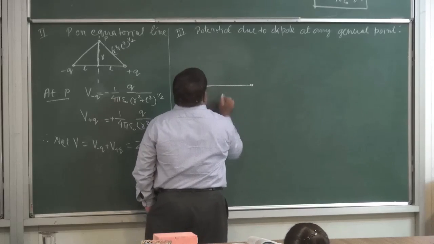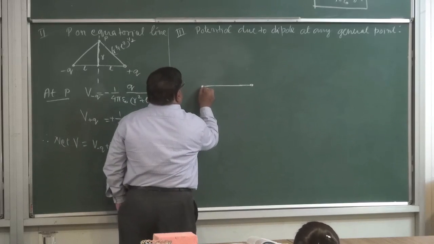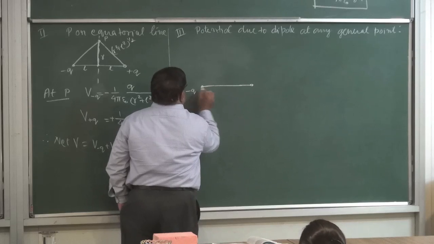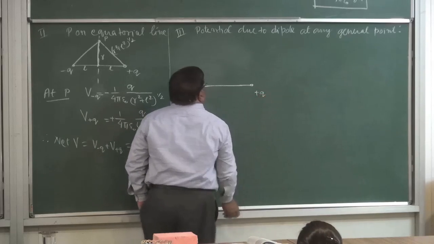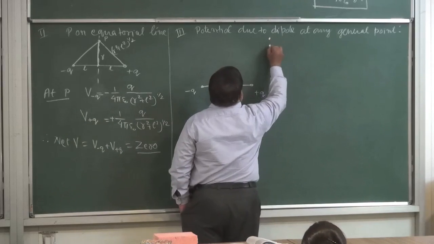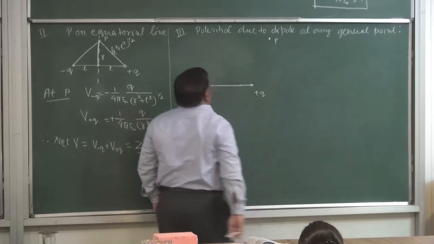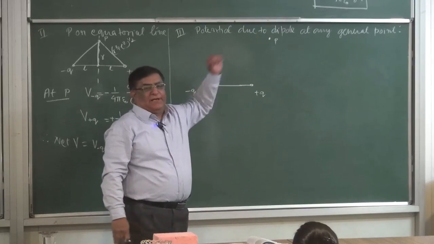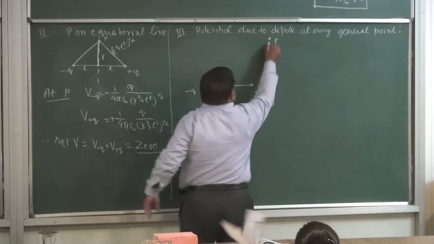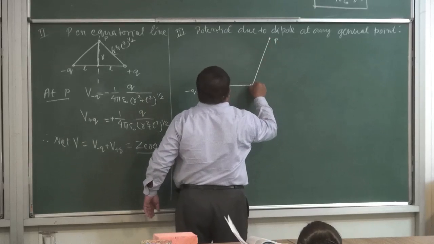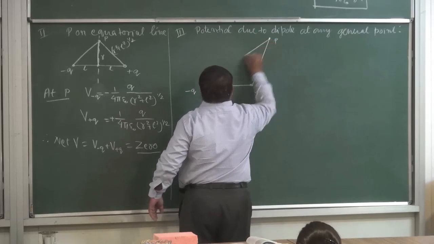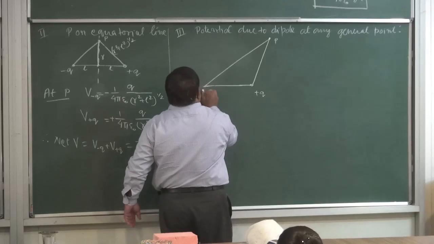Okay, we will make it a bit larger for the sake of calculation. Here is any general point P. We have to find out potential there. So we join it with plus Q and we join it with minus Q.